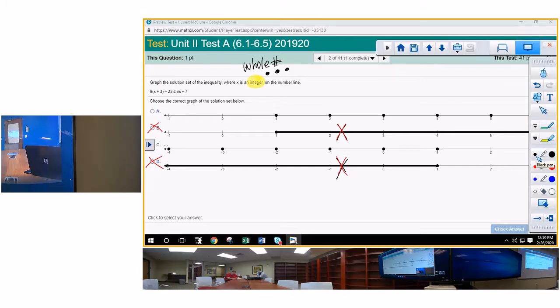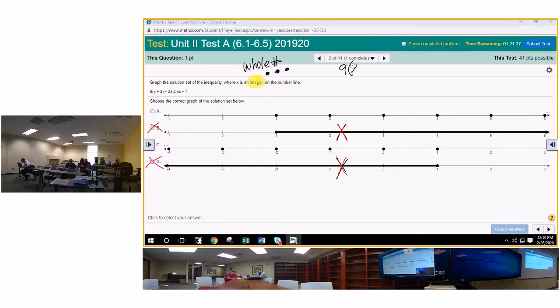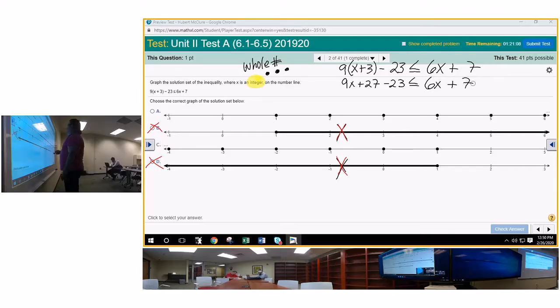So 9 times x plus 3 minus 23 is less than 6x plus 7. 9x plus 27 minus 23 is less than or equal to 6x plus 7. 9x, what's 27 minus 23? 4, Hubert.